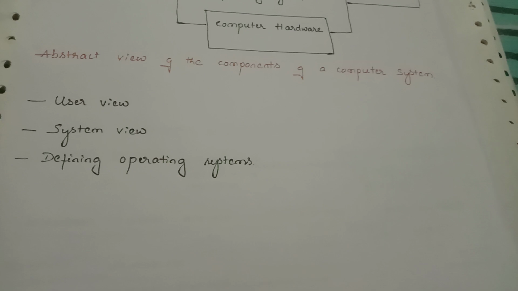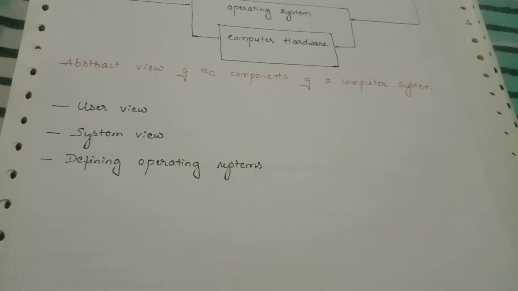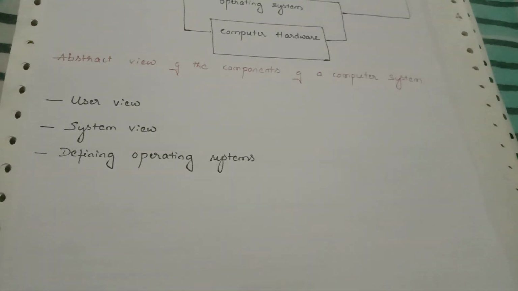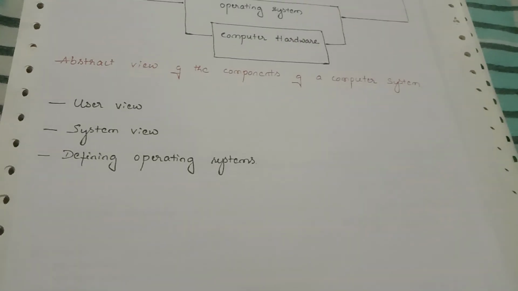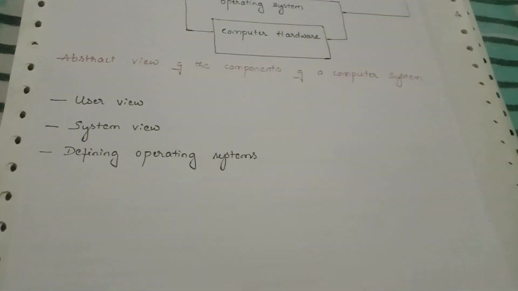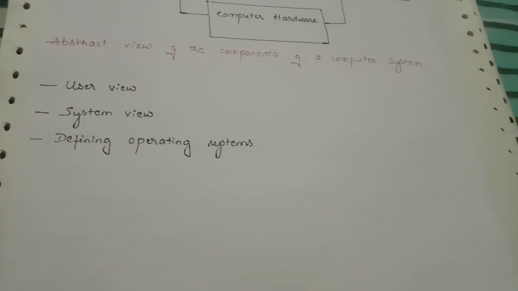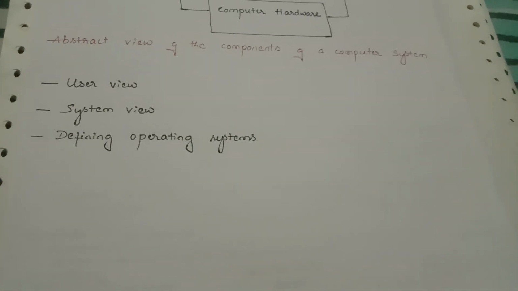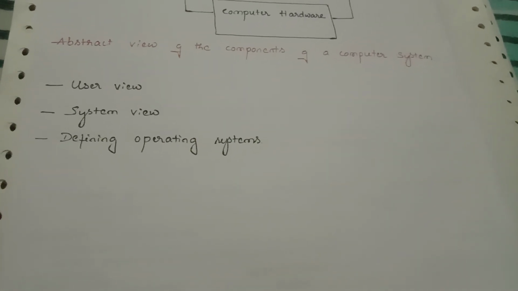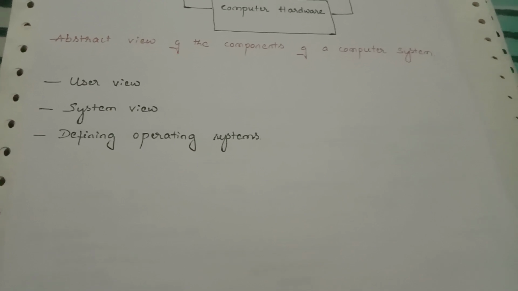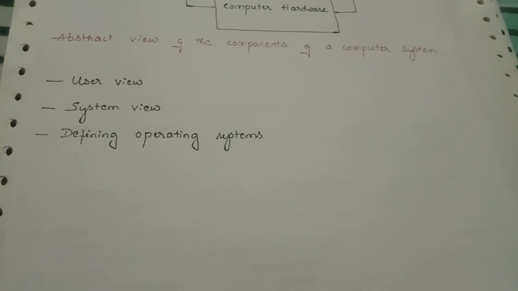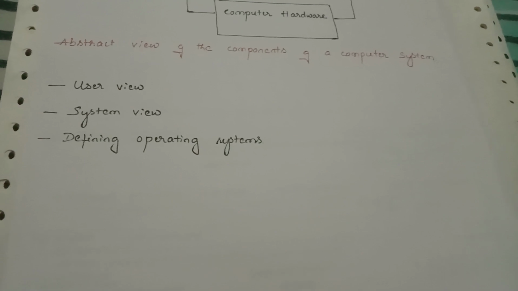So when we come to defining an operating system, we don't have an adequate definition for it. The operating system exists because it offers a reasonable way to solve the problem of creating a usable computing system.